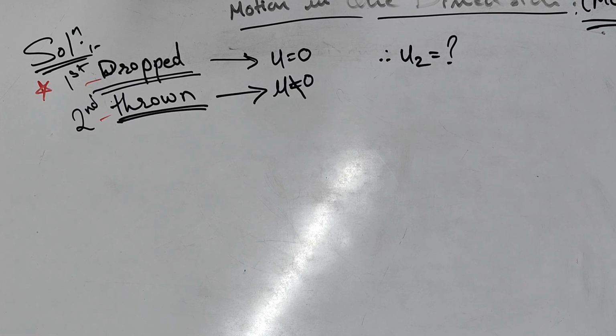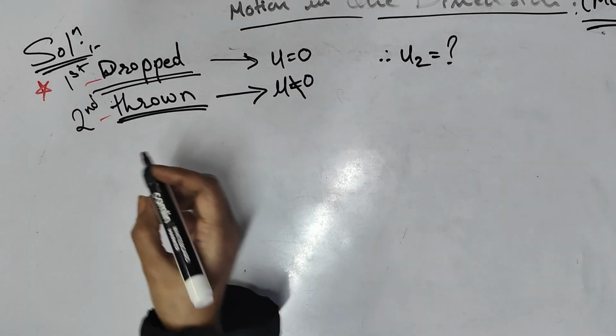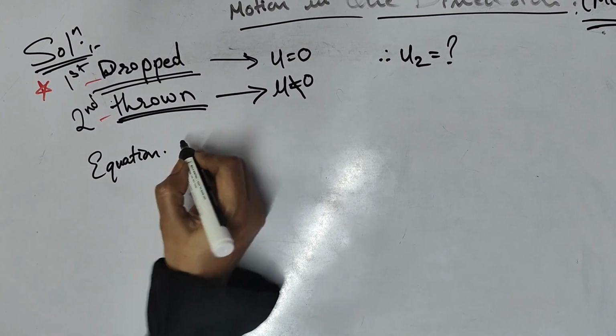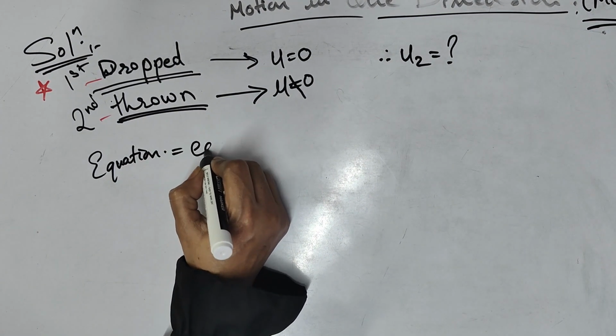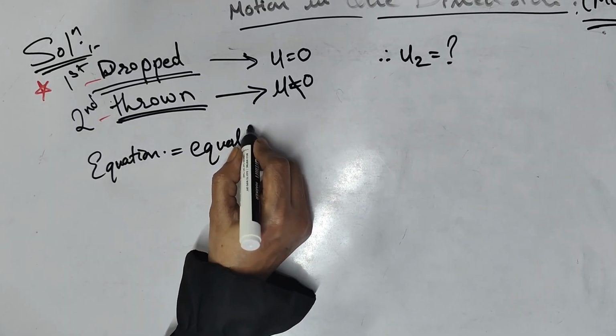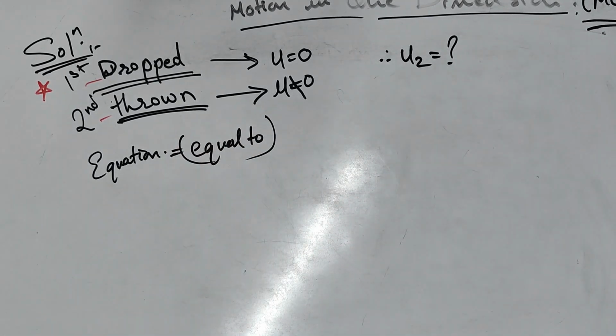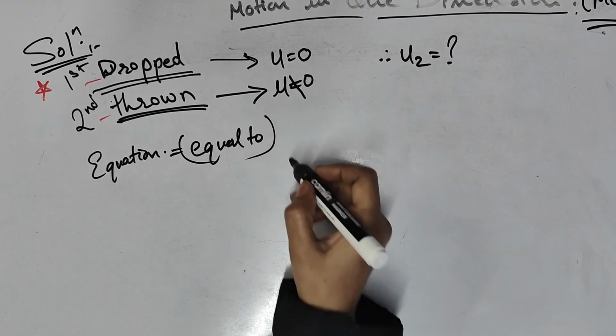What does equation mean? Equation means equal to. Equation always means equal to. What becomes equal to what? And for that, we will search for same or common data.